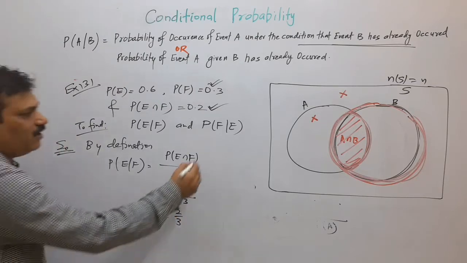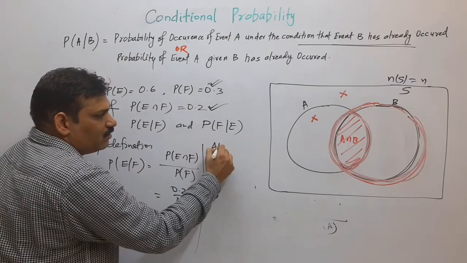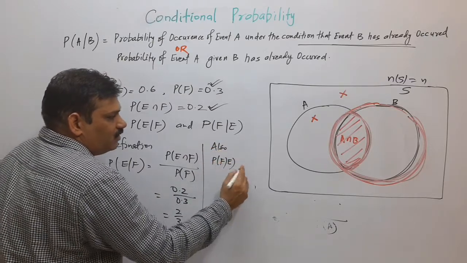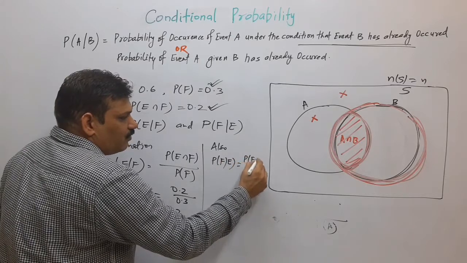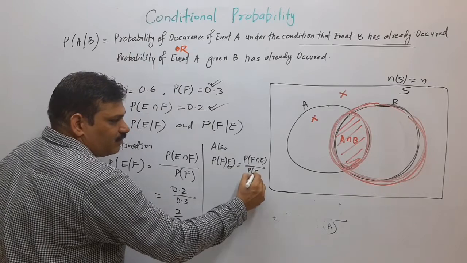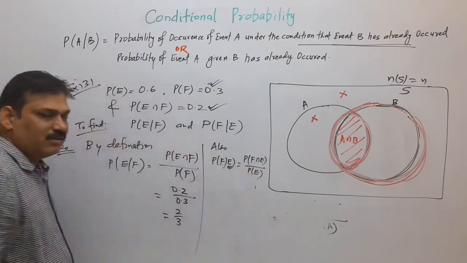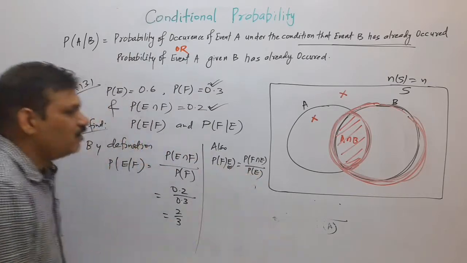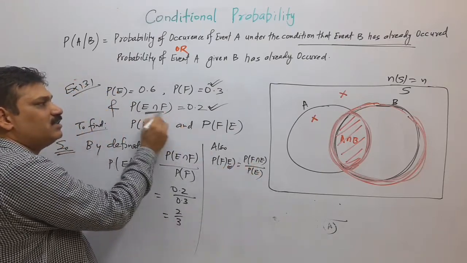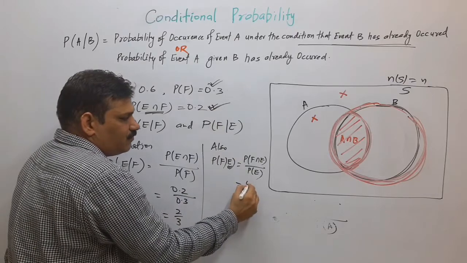Also we are to find the probability of F given E. By definition, the probability of F given E is equal to the probability of F intersection E divided by the probability of the event which has already occurred, which is now in the denominator. Here the probability of F intersection E is the same as E intersection F, so this is 0.2.